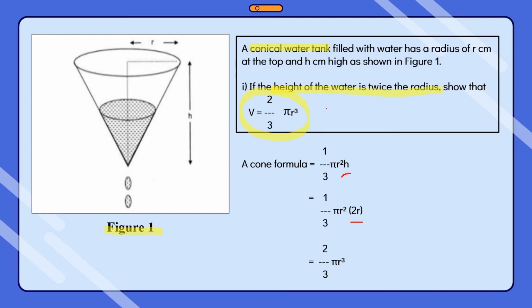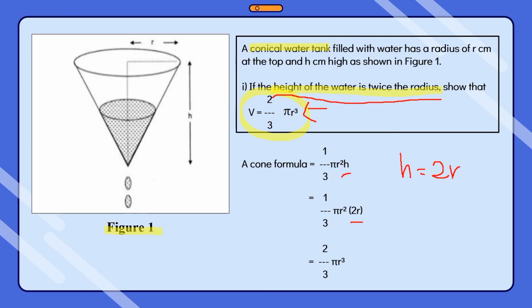Because here you will see that there is no variable h, meaning that h will be substituted by something related to r. So how do we know that 2r is equal to h? This is because from this information, we know that h is equal to 2r. Hence we substitute h with 2r.